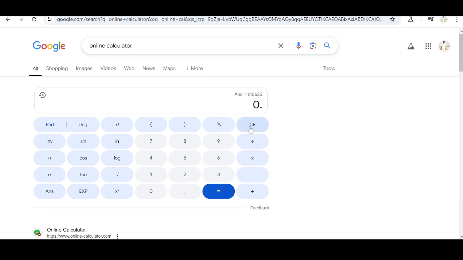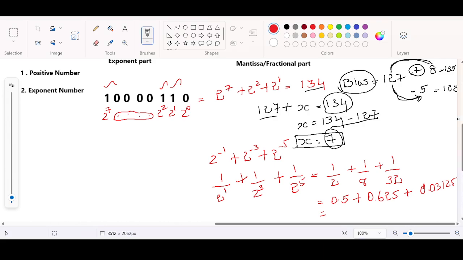Let me do this once. 0.5 plus 0.25 plus 0.0312. 1.15625. This is equivalent to 1.15625. Right? So this is a number that we have got.